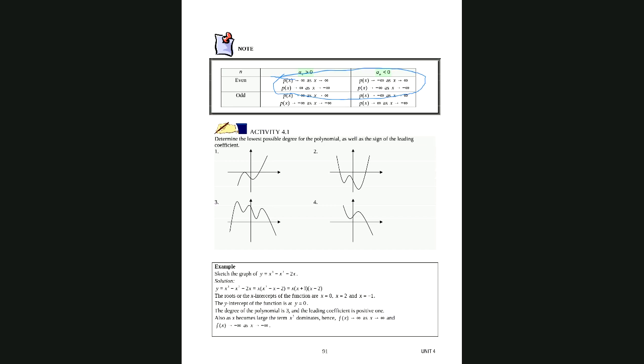And as x approaches positive infinity, y still approaches negative infinity. Can we see that? Yes.